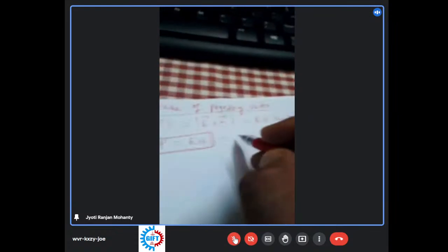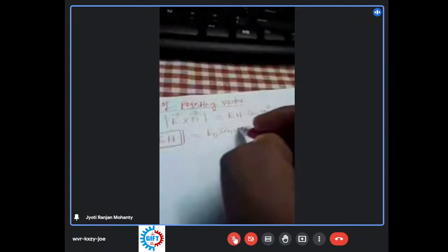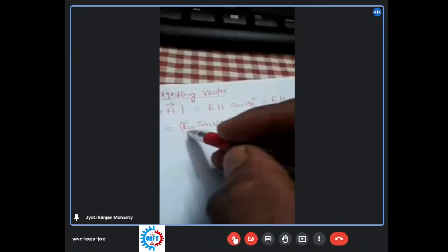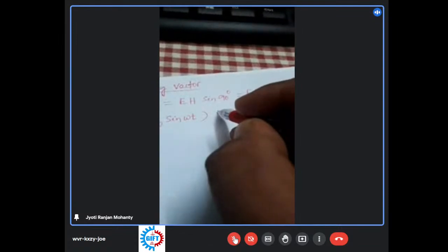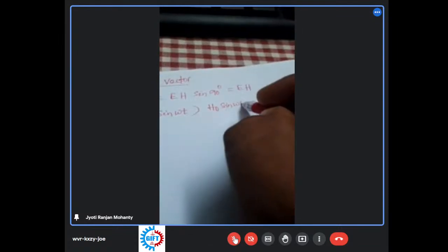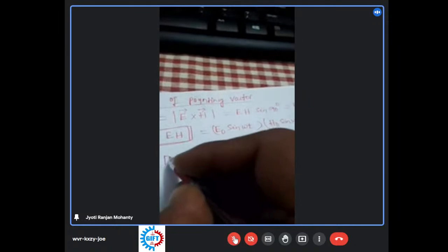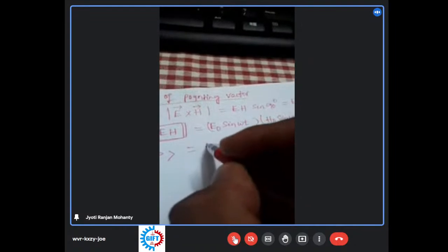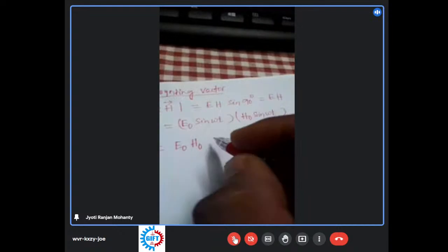You know the electric field can be written as E0 sine omega t. Electric field can be expressed with peak value, E0 be the peak value. Similarly, H can be written as H0 sine omega t. So if you take the average, this is E0 H0 sine square omega t.